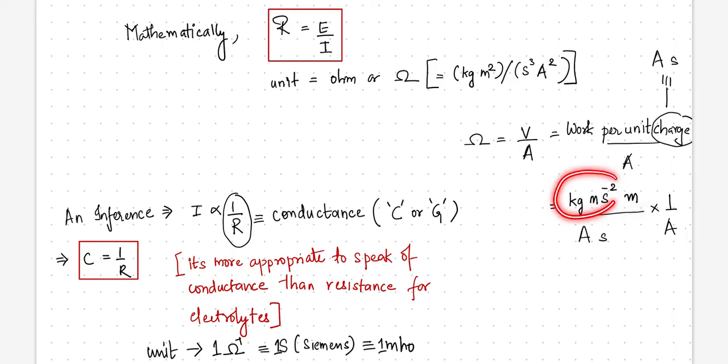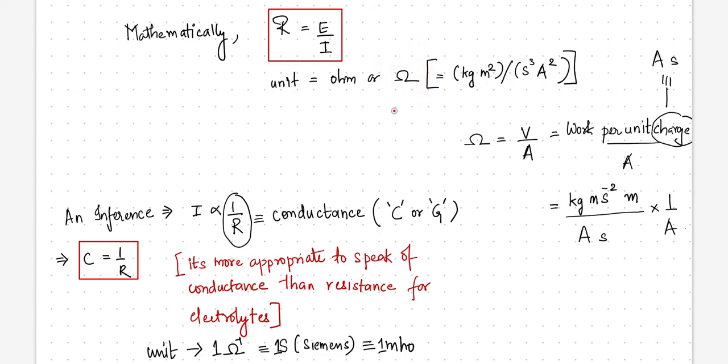Then charge can be written as ampere second, and you have this ampere already in the equation. From this you get the relationship kg meter square upon second cube ampere square. So this is the SI form of the ohm. When you calculate the resistance, you usually write it in terms of ohm only.